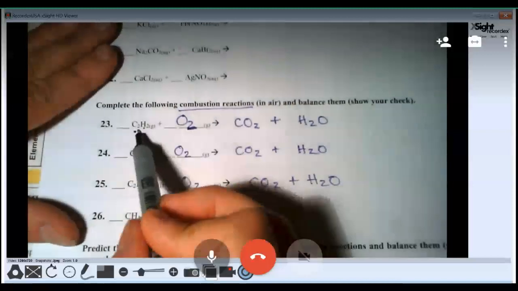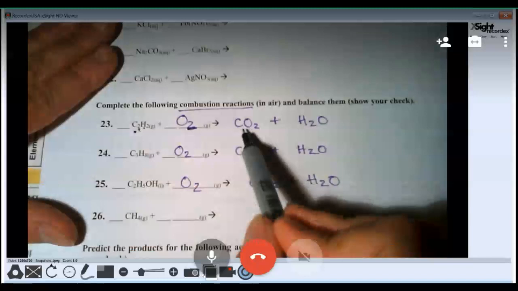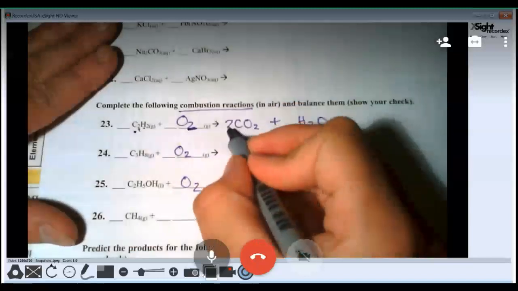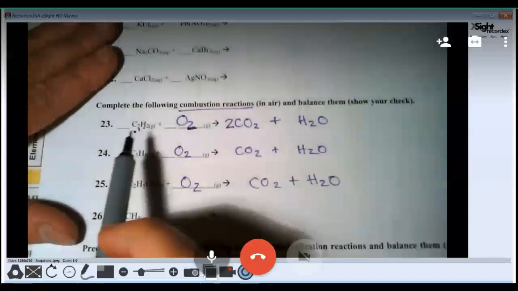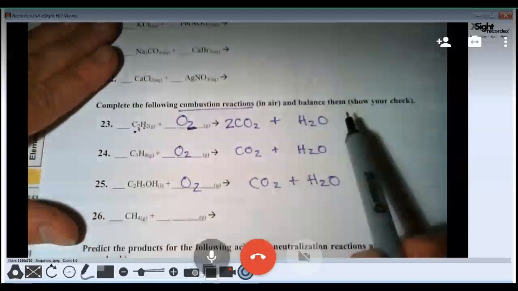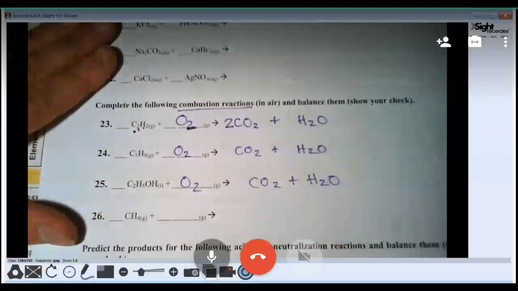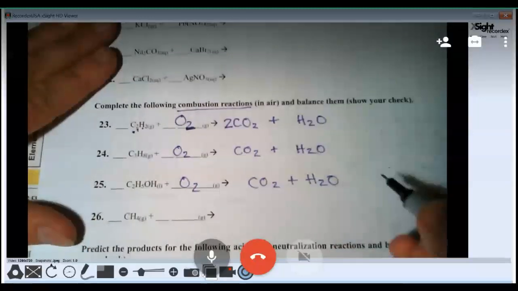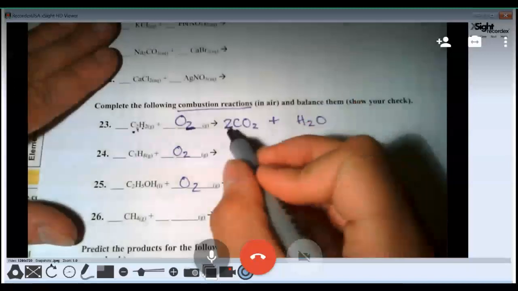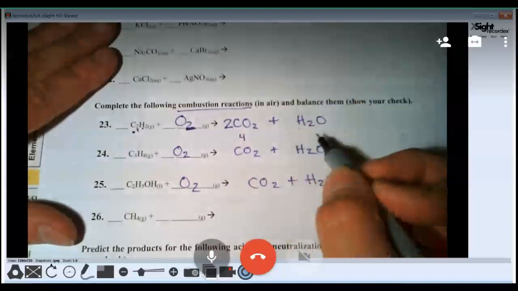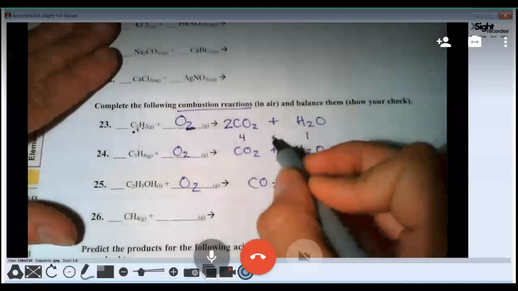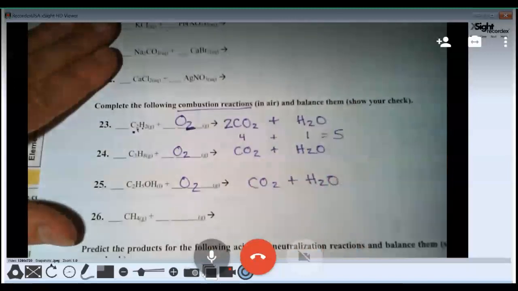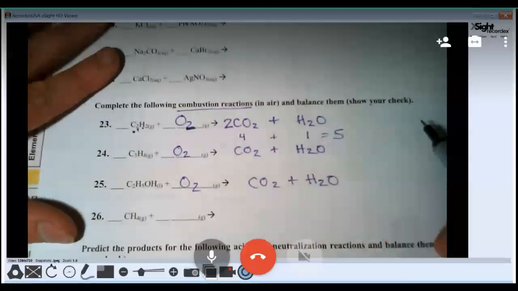So I see there's 2 carbons on the reactant side, so I need to put a 2 in front of CO2 on the product side. And I notice there are 2 hydrogens on the reactant side and 2 on the product side, so that looks good. So now I'm going to come back to oxygen. I say, okay, so there's 4 oxygens over here, and there's 1 over here, which gives me a total of 5. What's the problem with this?